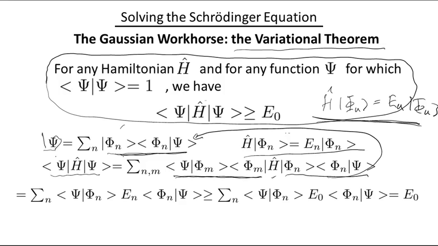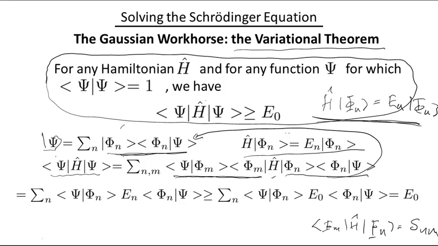And so now, by construction, phi m H hat phi n equals E n delta nm, because they're eigenfunctions. So that just collapses this two-dimensional structure into one.